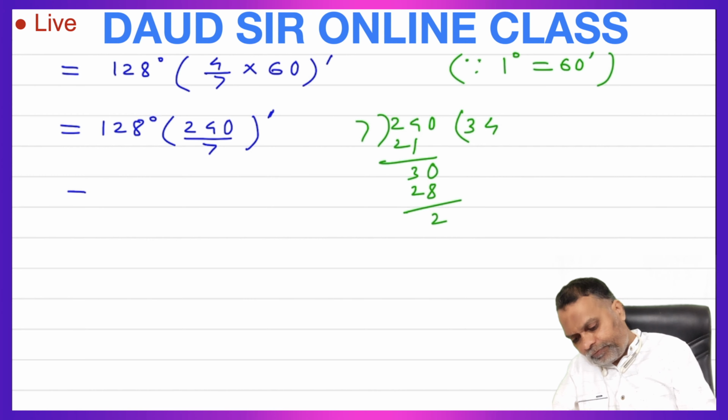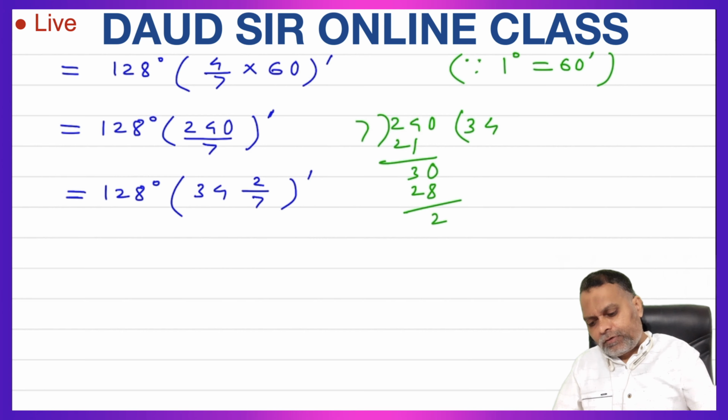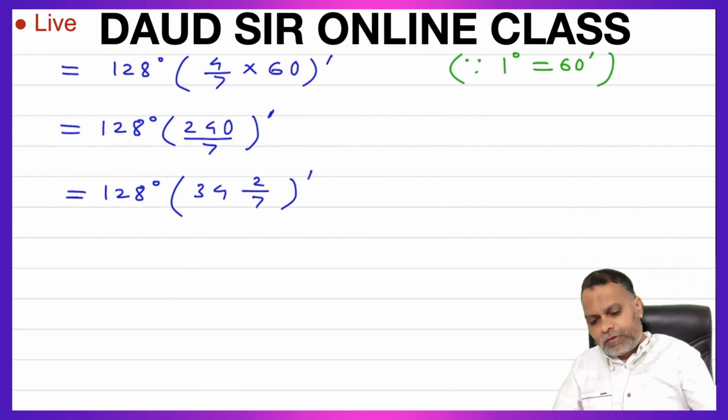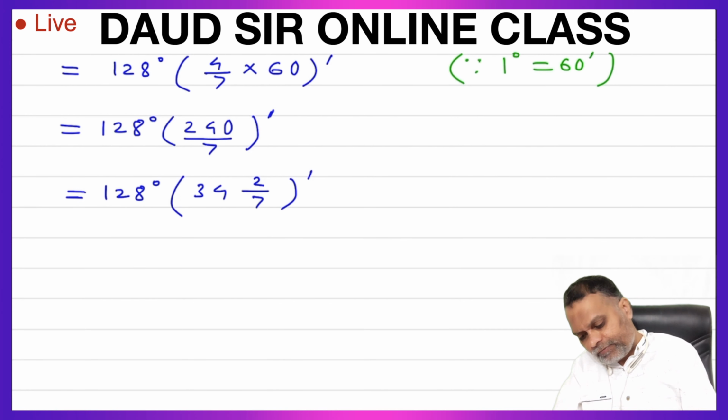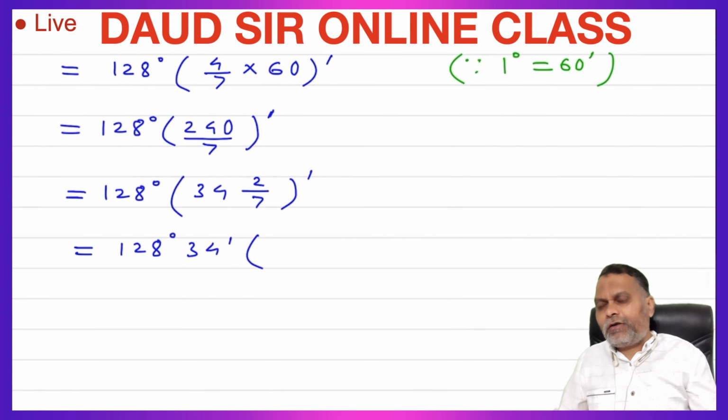So this is 128 degrees, 34 and 2 upon 7 minutes. So this is total 34 minutes. 128 degrees 34 minutes, and convert this 2 upon 7 minute into seconds.